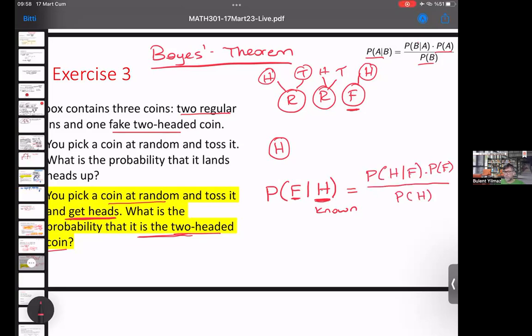Is this clear, guys, how I write Bayes' formulation? Probability of F given H is my question. Probability of H given F is the other way around, the inverted version of it. And do we know this probability of H given F?